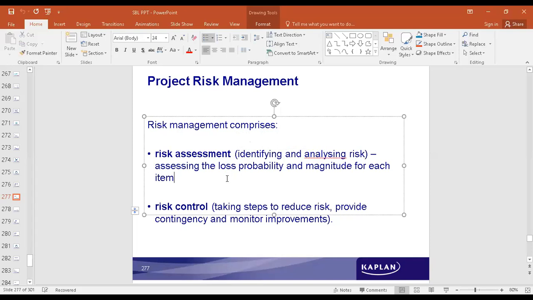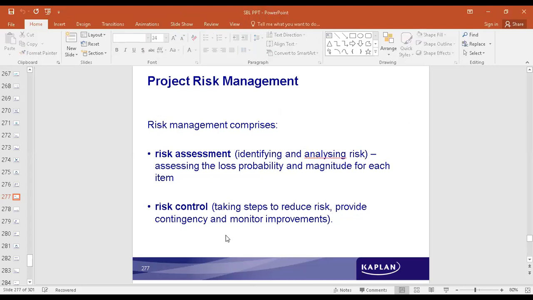Risk is calculated as the impact of the happening of the event multiplied by the likelihood, or probability, of the event happening, and then we calculate the amount of risk assessment, and then take up the risk control measures.